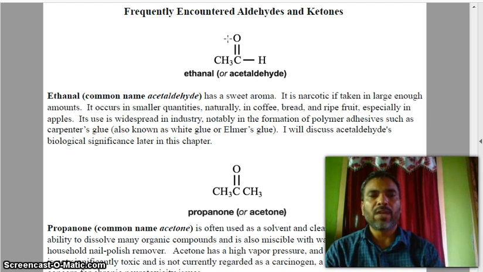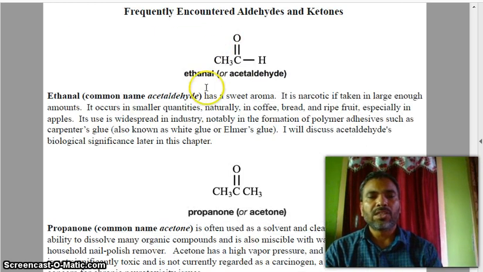It is widely used in industry, notably in the formation of polymer adhesives such as carpenter's glue, also known as white glue or Elmer's glue. I will discuss acetaldehyde's biological significance later.